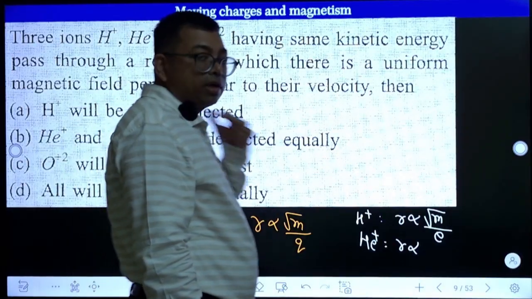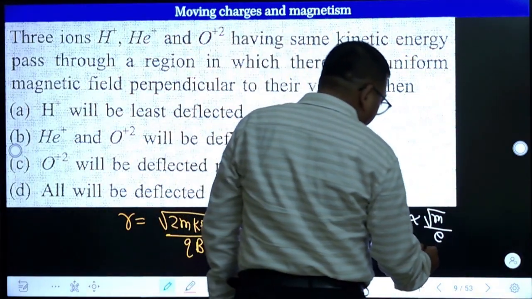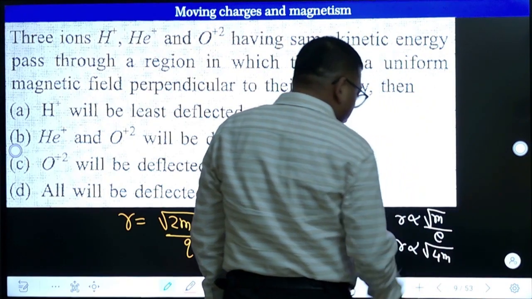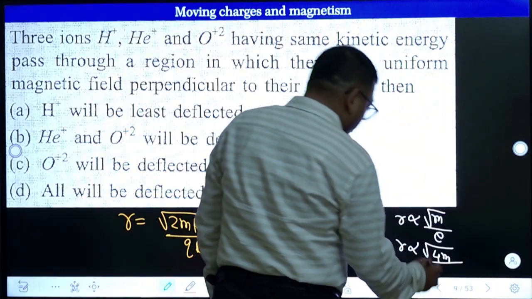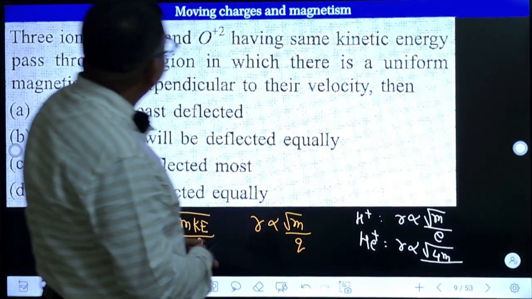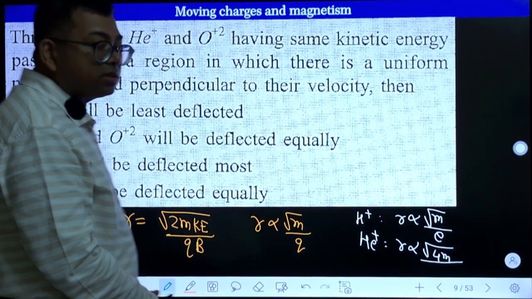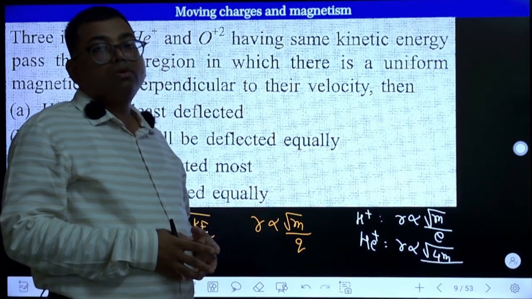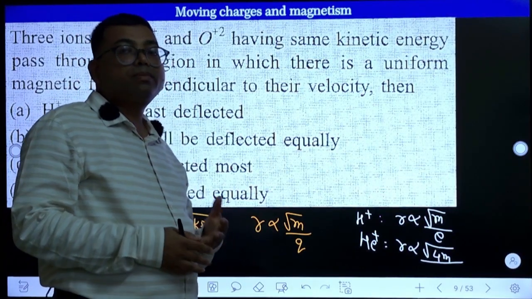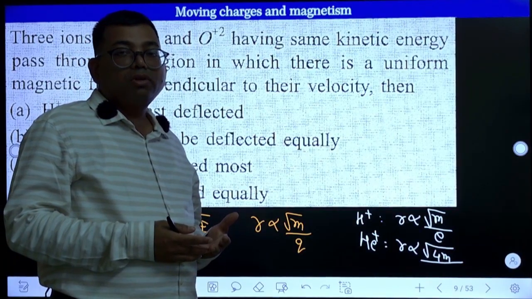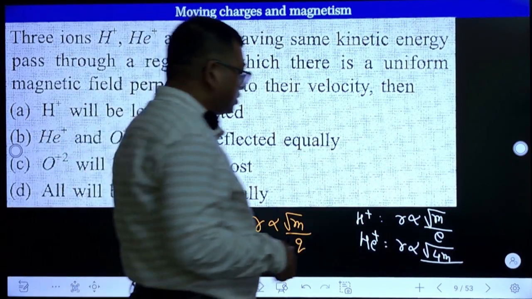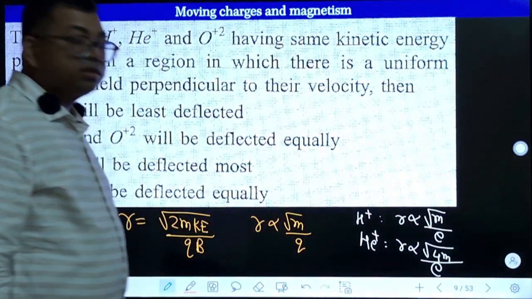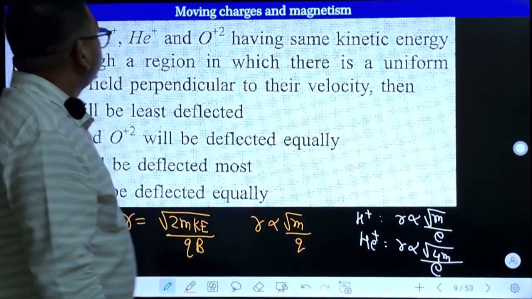Helium mass is 4 times, so 4m will come inside. And what about the charge? Helium plus means it has lost one electron, so it develops one extra proton. That means the charge is going to be the same, e. Note that. It is helium plus, not helium plus 2.